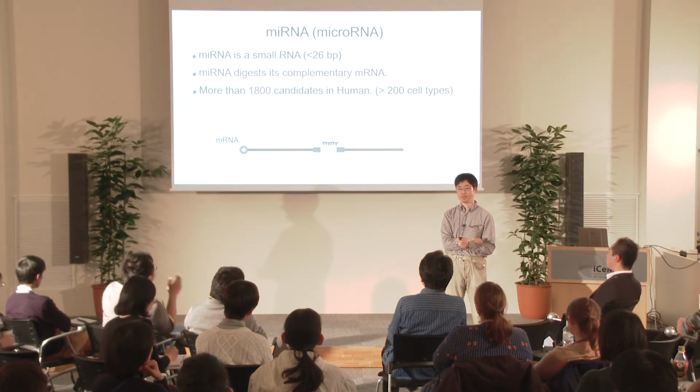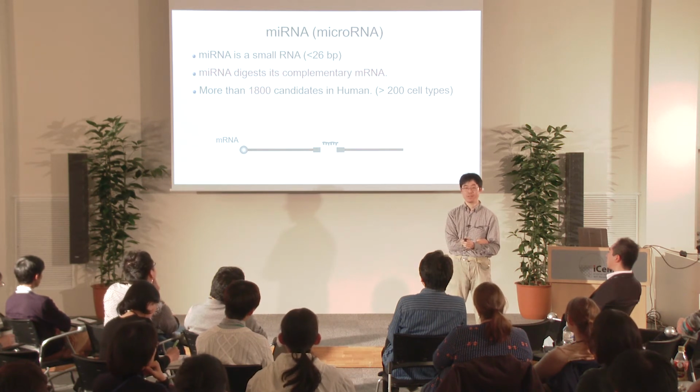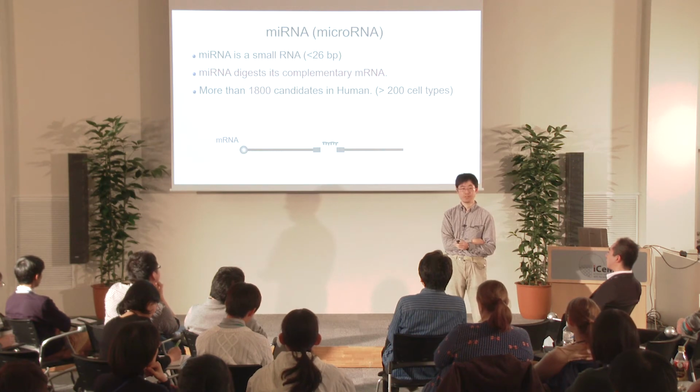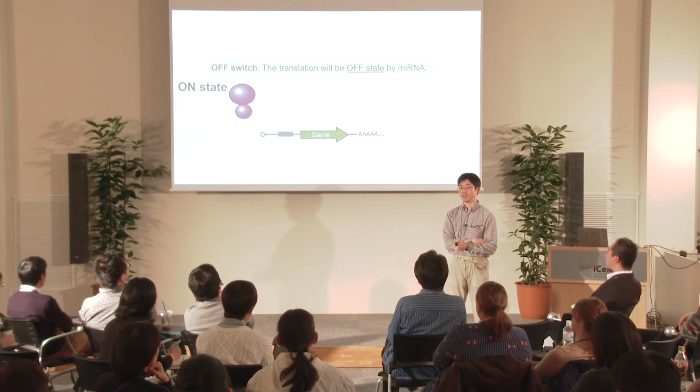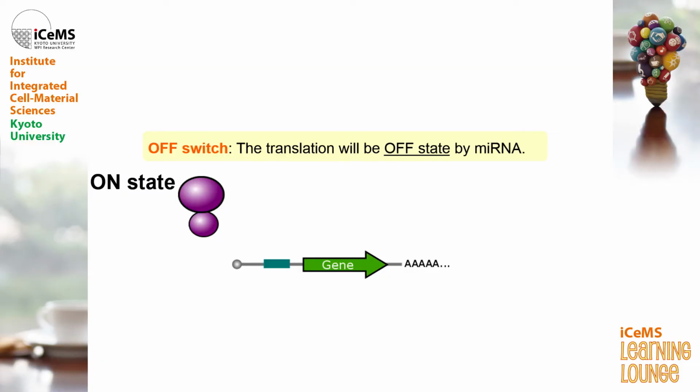And the number of candidate microRNAs is known to be more than 1,800. So this number is more than 200. So if each cell type has specific microRNAs, and if we can detect such endogenous microRNAs, all cells can be categorized by microRNA. So we tried to construct a microRNA responsive switch.